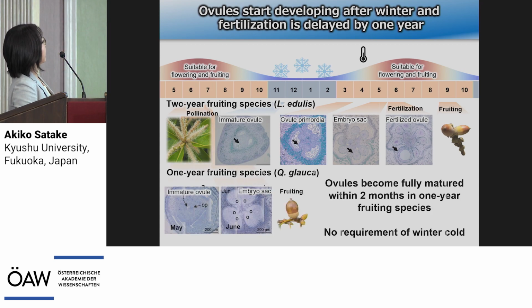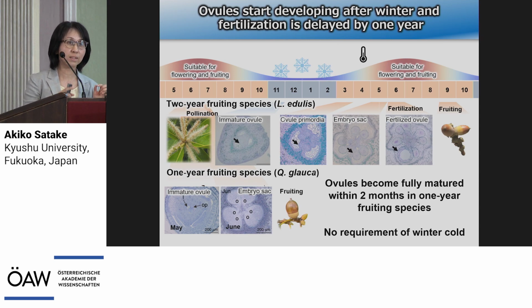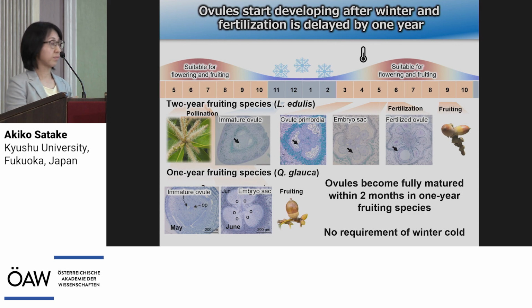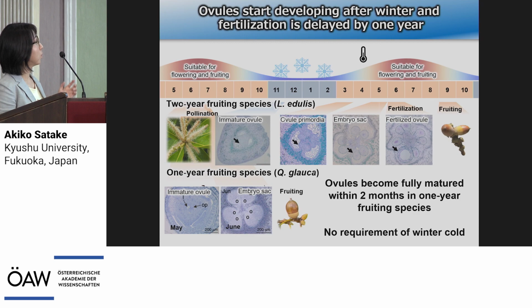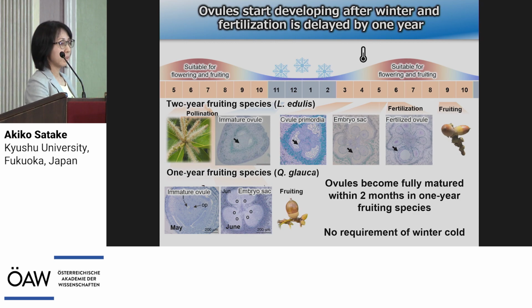So what happened in 1-year fruiting species? We performed the same analysis and found that in 1-year fruiting species, ovules become fully matured within 2 months after flowering, so very quick, and no requirement of winter cold. So I think 2-year fruiting species start developing ovules after winter.